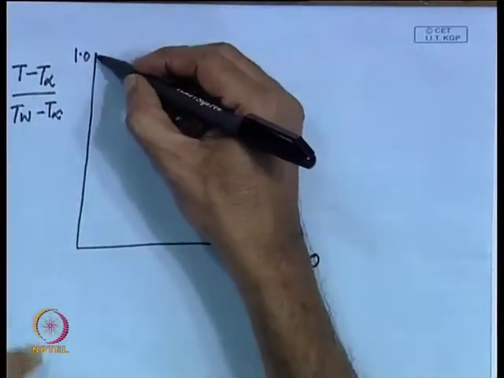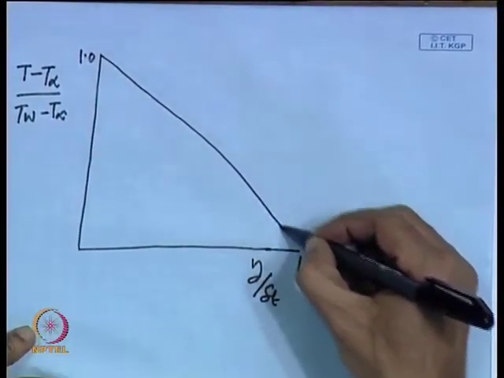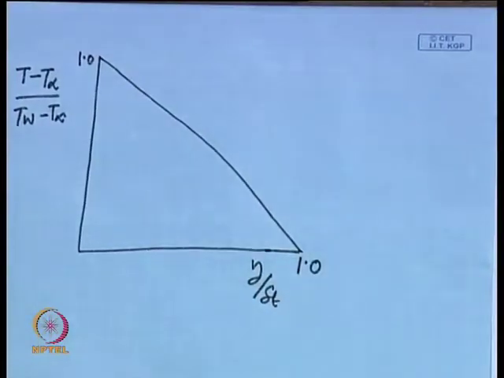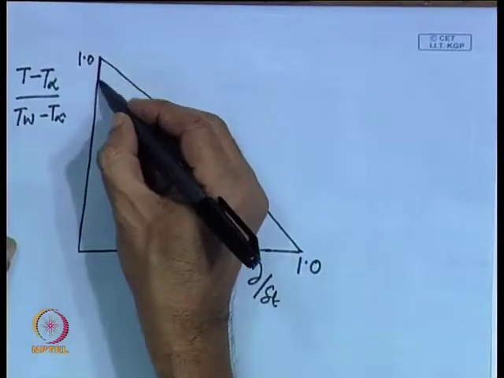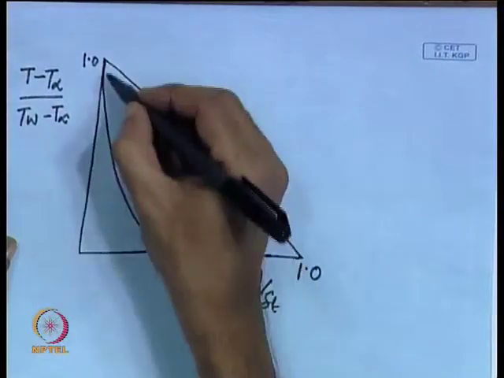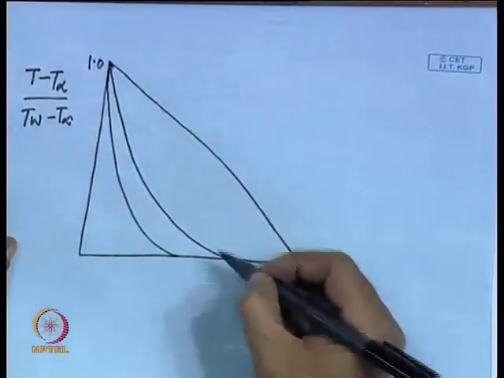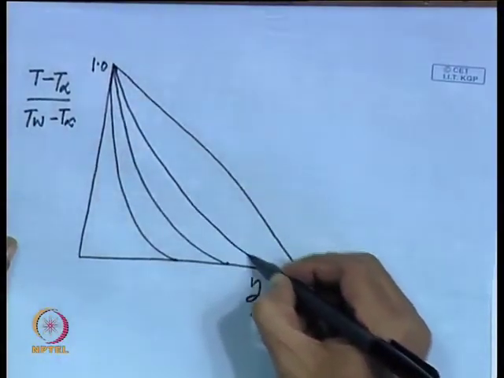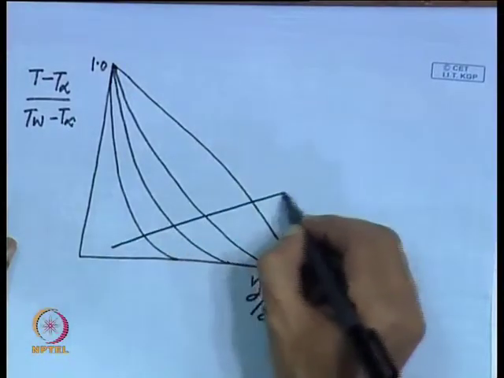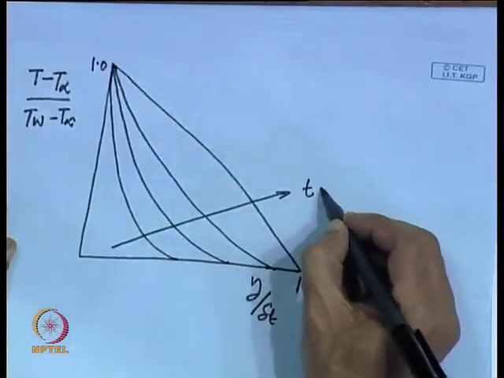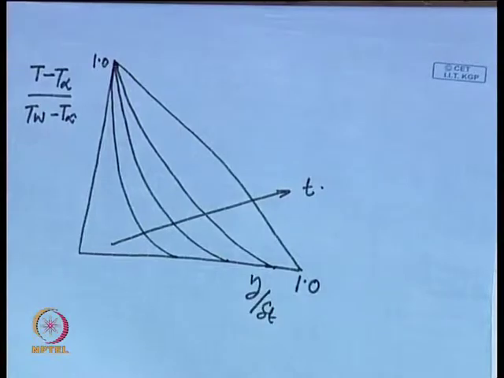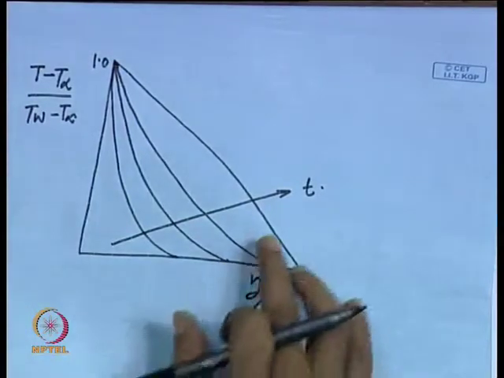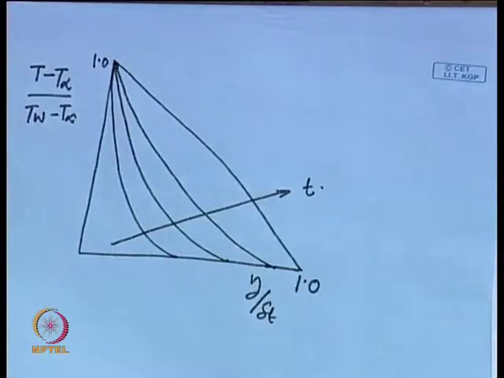In steady state it will have a linear profile, but otherwise it will have profiles like this, and in this direction time is increasing. So, we will have a temperature variation inside the thermal boundary layer in this particular form.